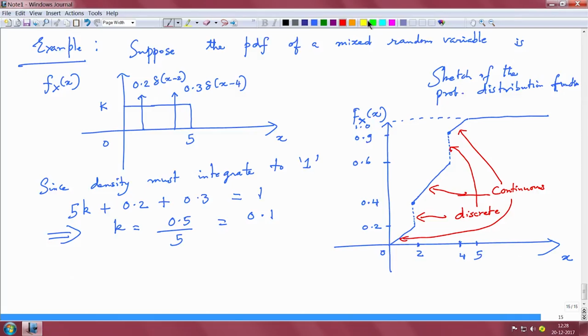Maybe I can put a green color here indicating it is discrete, and red color indicates it is continuous. So, this is a sketch of the probability distribution function for a mixed random variable. Hopefully, with these basics you will be able to appreciate the subtle details when you look into probability distribution functions and probability density functions, which will be useful for your analysis further during the course when you have to deal with these probabilities.